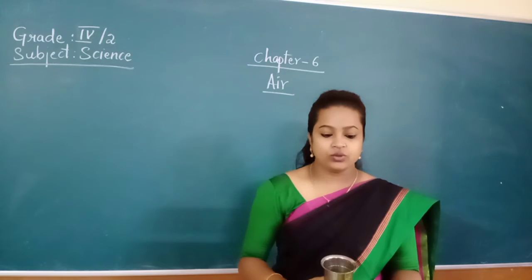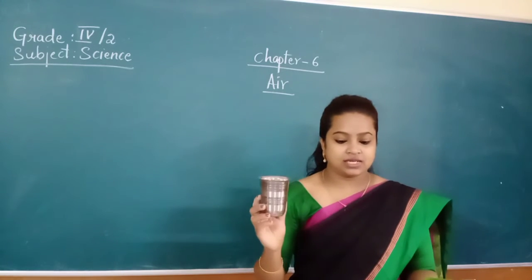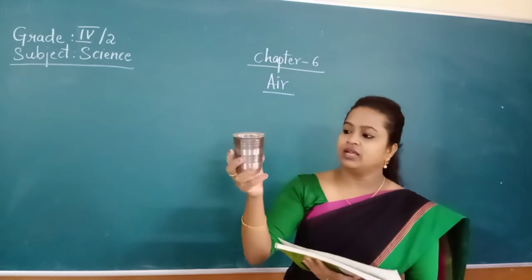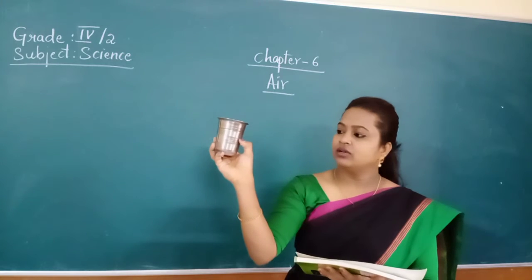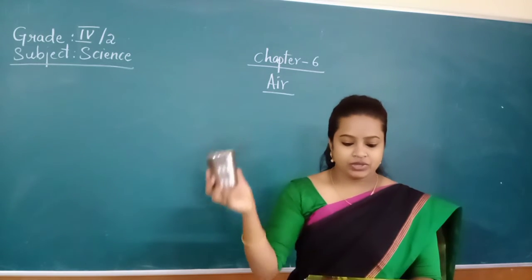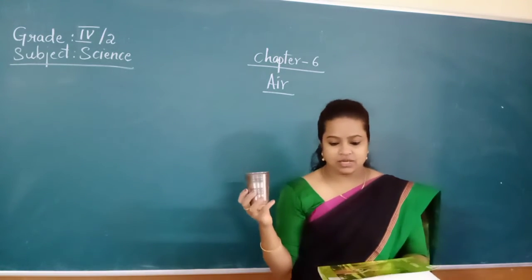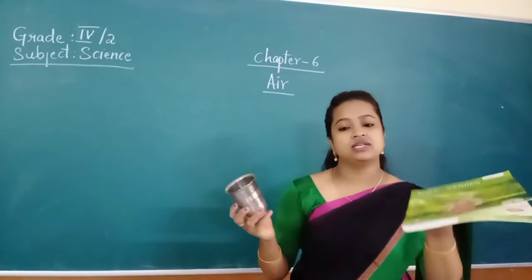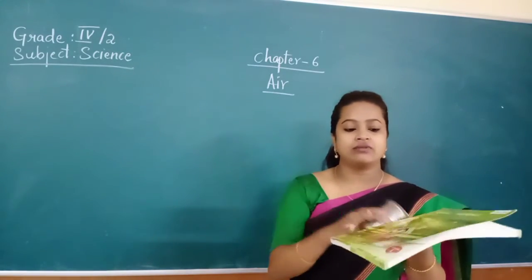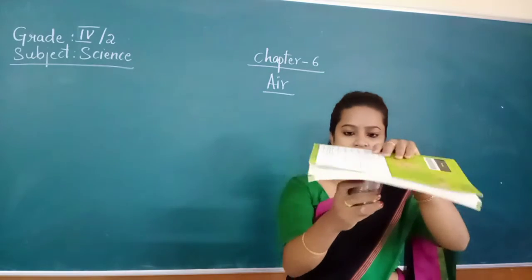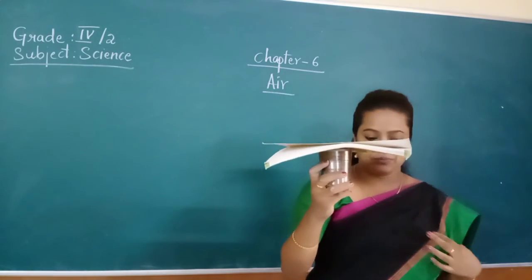Now what do you have to do? Fill one-third of the glass tumbler with water. Then cover the mouth of the glass tumbler with a piece of cardboard. Just think this is a piece of cardboard and cover the mouth of the glass with it.